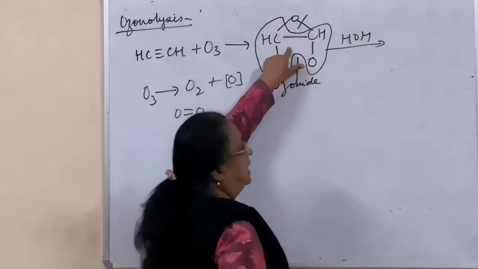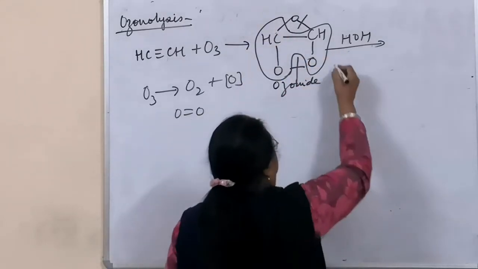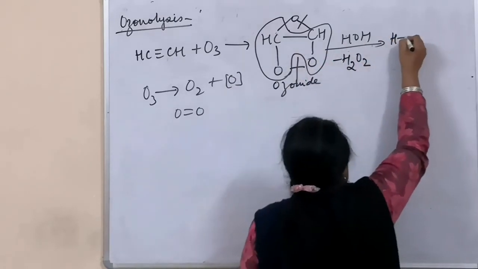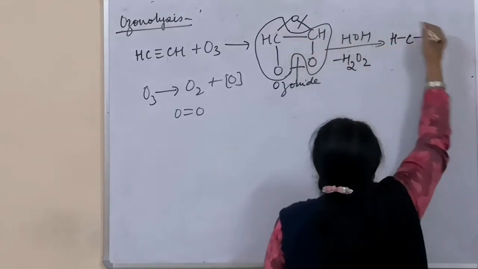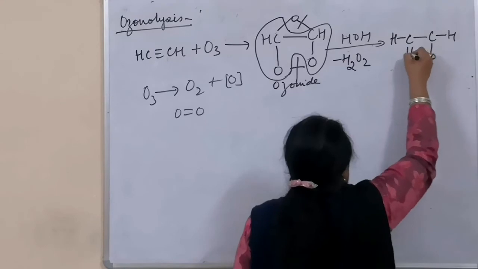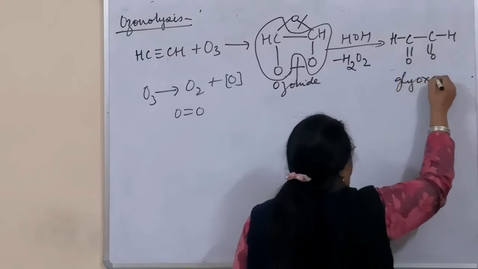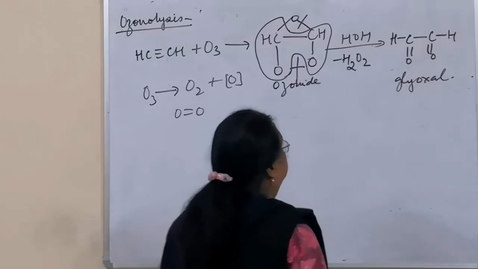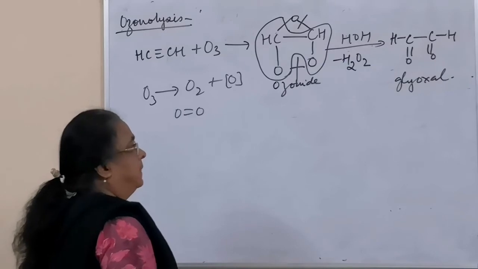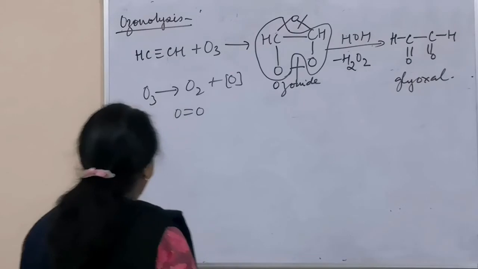It is not splitting as in ethene. So one oxygen is out with water and hydrogen peroxide will be formed, and this piece, if I write HC, this bond, then CH, then oxygen, and so here will generate a double bond. This compound is called glyoxal. The common name is glyoxal. Otherwise it is ethane-1,2-dial.